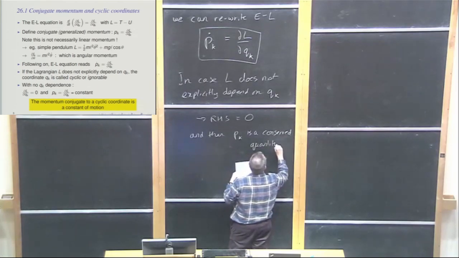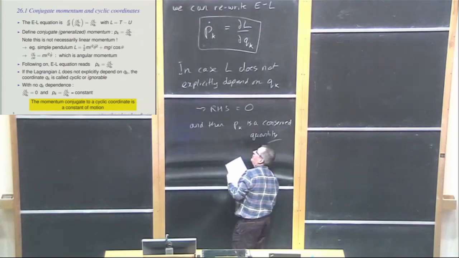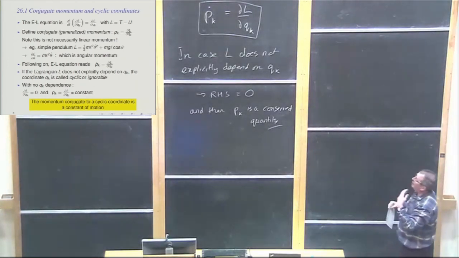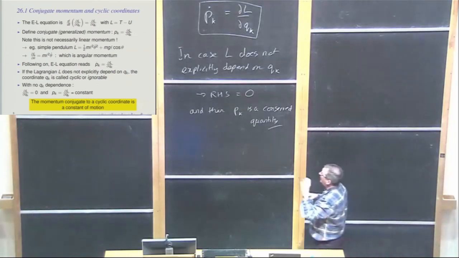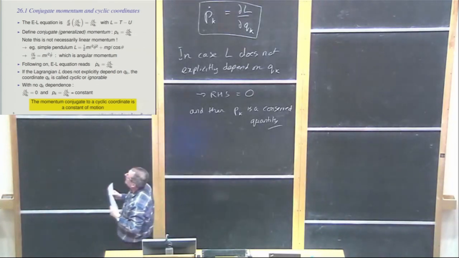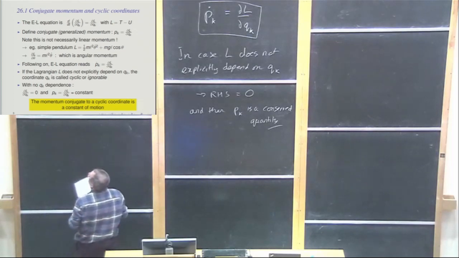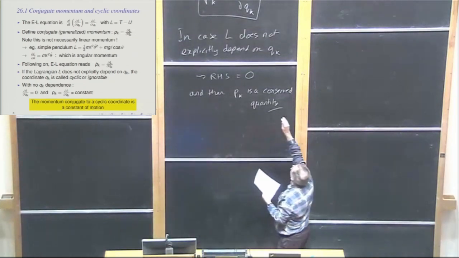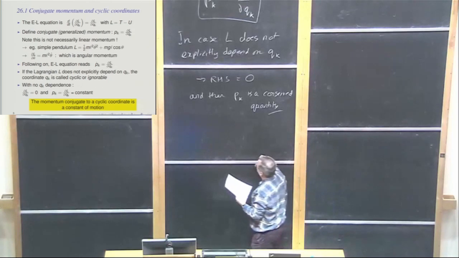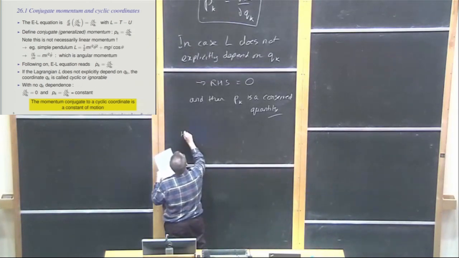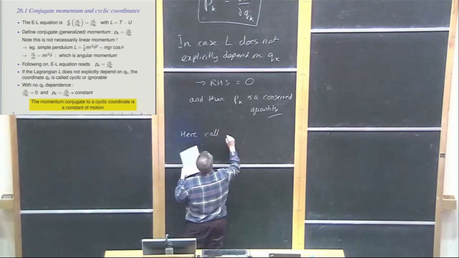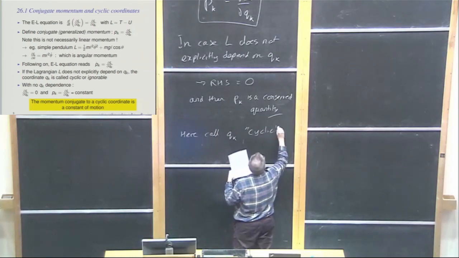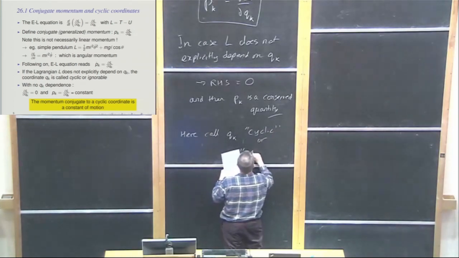Okay, so this is very, very nice. You can just look at the Lagrangian, see if there are any generalized coordinates it doesn't depend on, and then from that you can immediately say, well, this momentum quantity is conserved, and that one is, etc. In this case, if the Lagrangian does not explicitly depend on q_k, then we call q_k cyclic or ignorable.